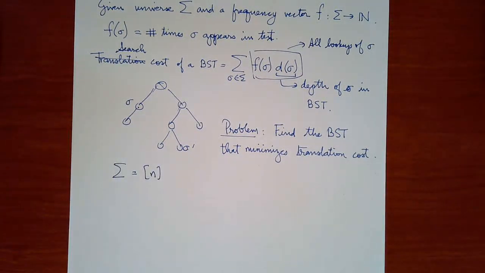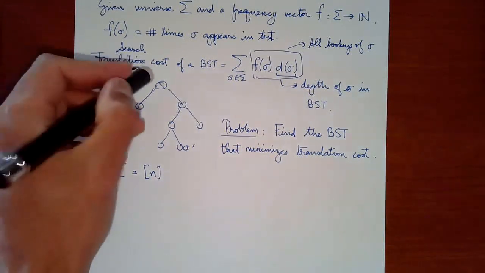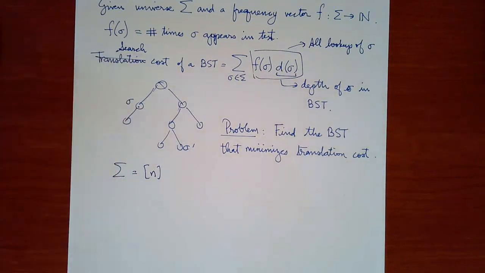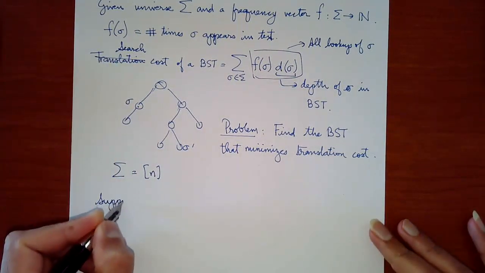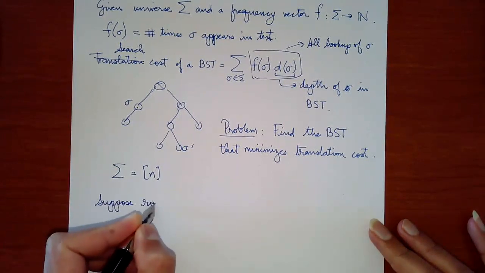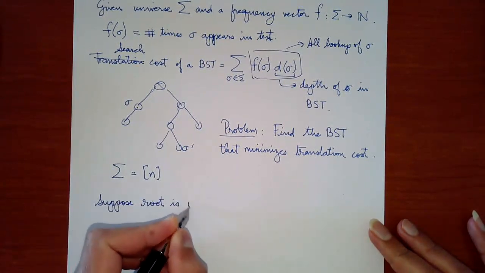We first have to come up with the recurrence. So what is the first choice that you make when you have a binary search tree? Splitting the elements somewhere. So you have to choose the root. So suppose the root is I.